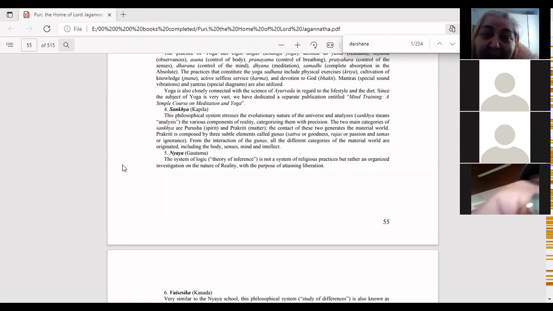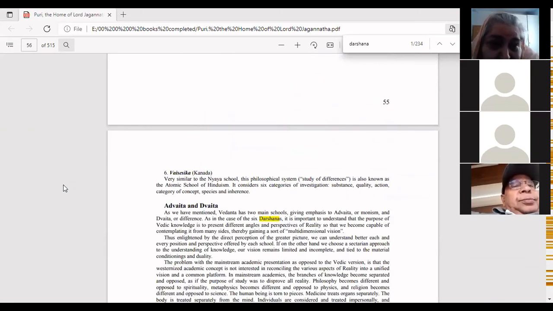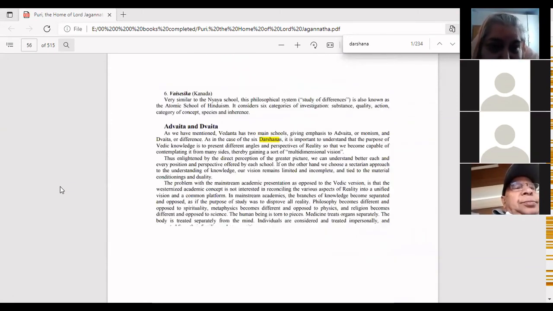When you apply the concept of yoga to Sankhya, Sankhya becomes useful. Otherwise, jnana has to be applied to the sum total of reality. Otherwise, it's a limited jnana. And the same with Nyaya. We just mentioned very quickly Nyaya and Vaisheshika.